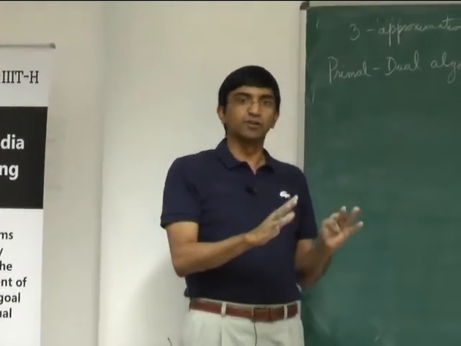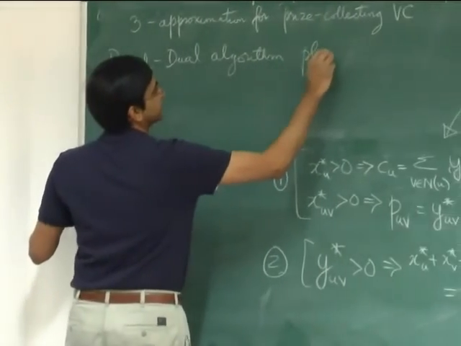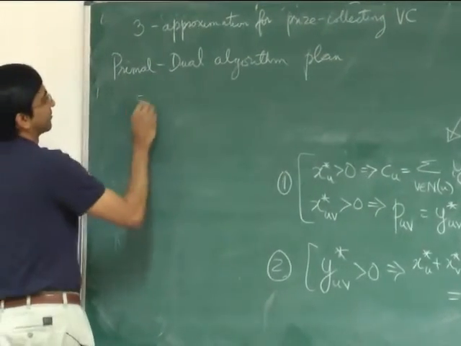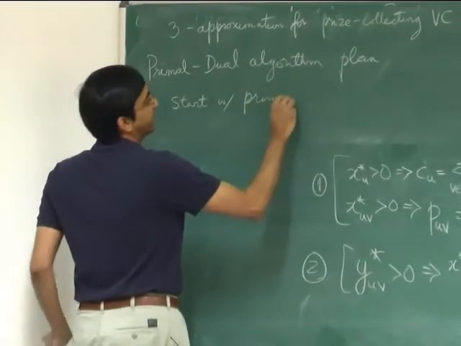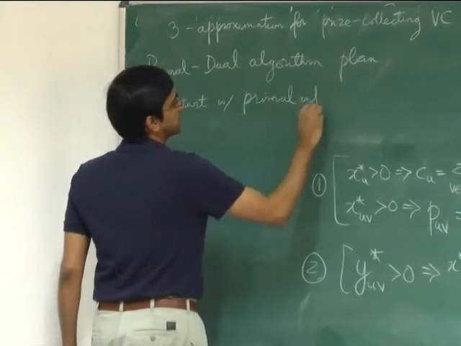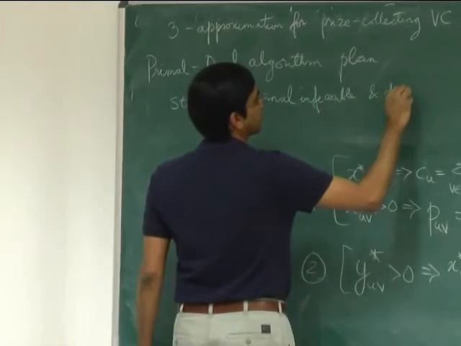I'll give you the outline here. This is the plan. In this particular case, we'll start with primal infeasible and dual feasible solutions.